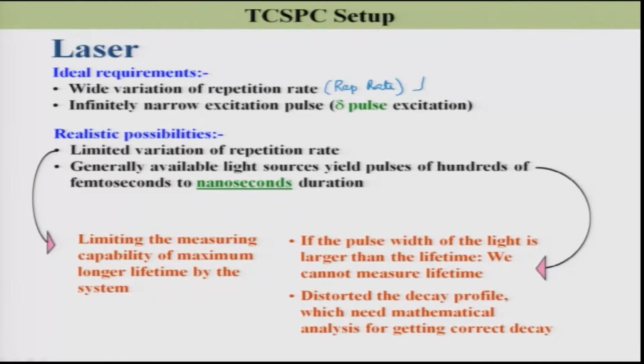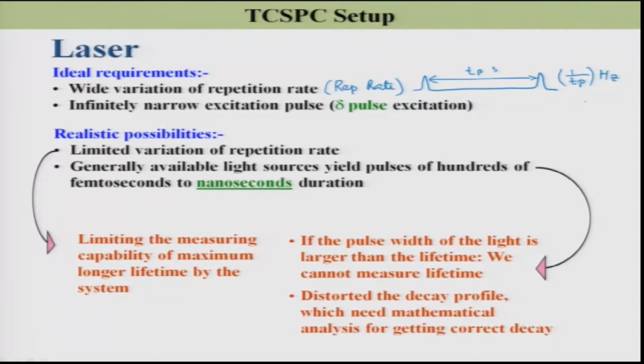If the time delay between two successive pulses is Tp seconds, then the repetition rate is 1 over Tp hertz.